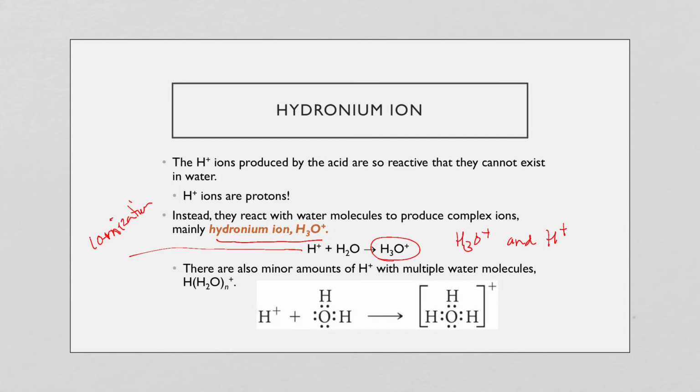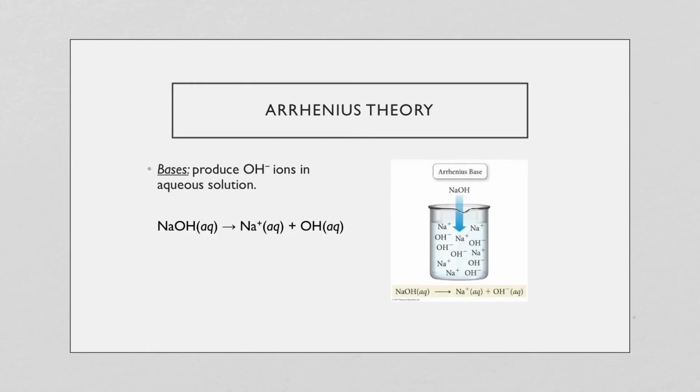It has to be made, if you will, by a reaction. Whereas here, sodium hydroxide is an ionic compound. It can just simply dissociate into sodium and hydroxide ion. And again, these were the only kind of bases that were recognized under the Arrhenius system.